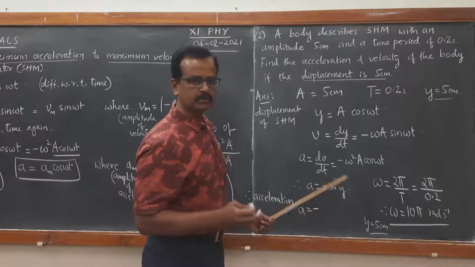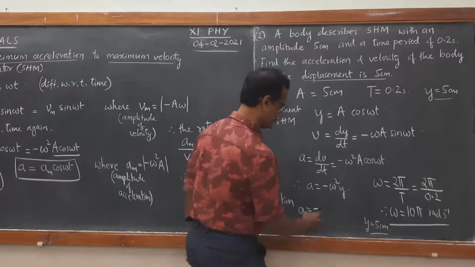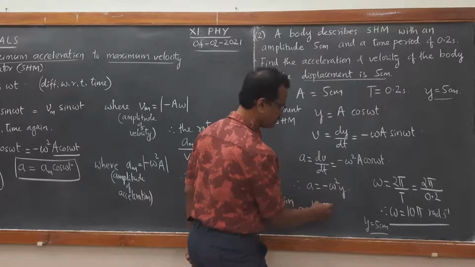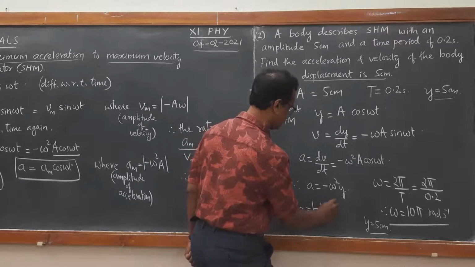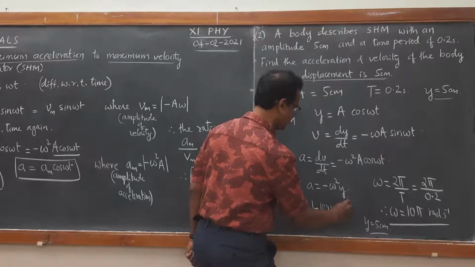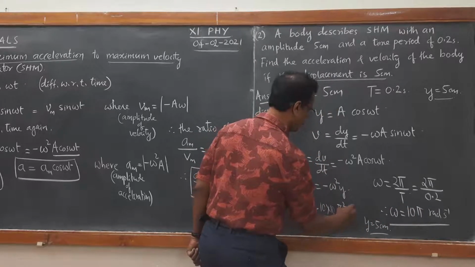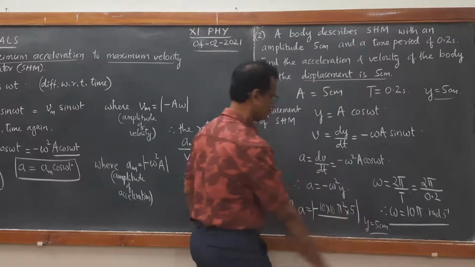Acceleration is directly proportional to negative of displacement. So we can take the modulus of that. So modulus of omega square y, where omega square gives us 10 into 10 pi square, and y is 5 centimeter.